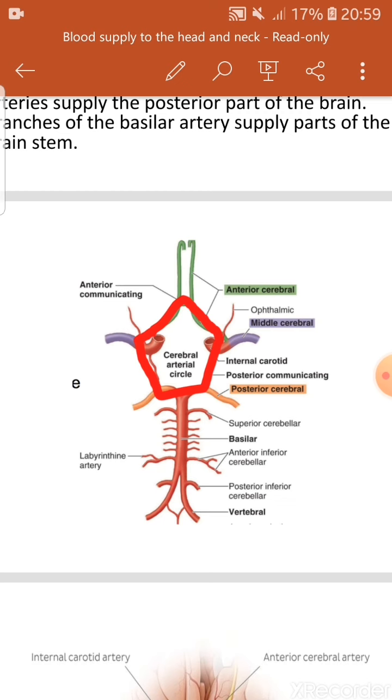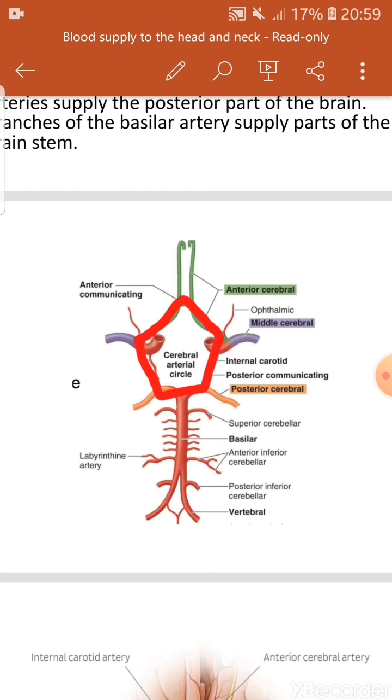If we talk about the branches of the vertebral artery, you can see in this figure the posterior inferior cerebellar artery is a branch of the vertebral artery. Also the anterior and posterior spinal arteries. The basilar artery also gives off many branches.